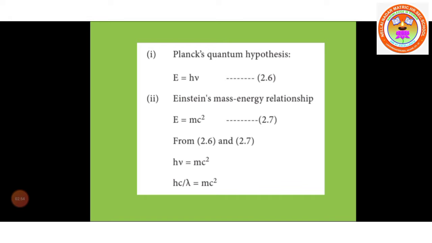So combine the Planck quantum hypothesis and the Einstein mass energy relationship. Combining these two equations, we have h nu is equal to mc square.